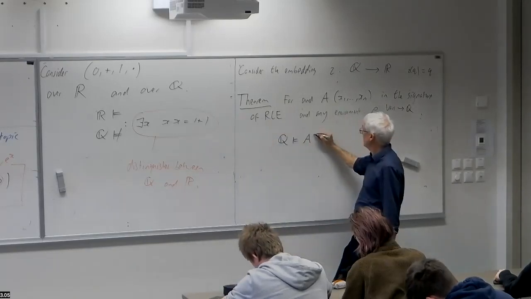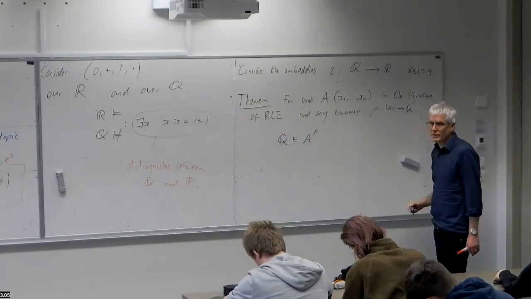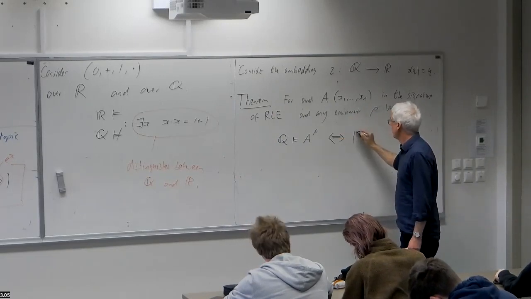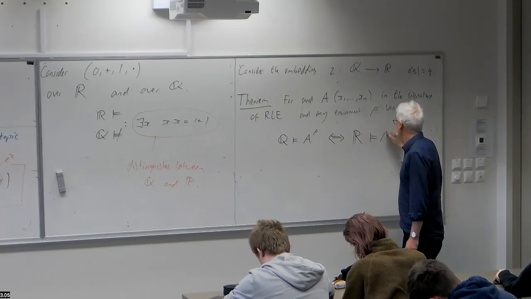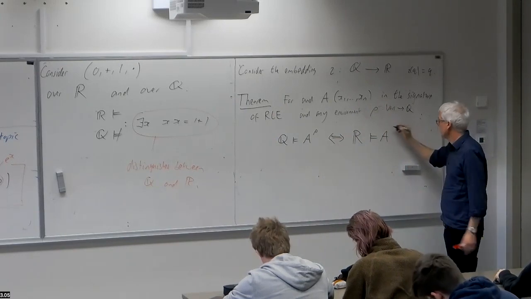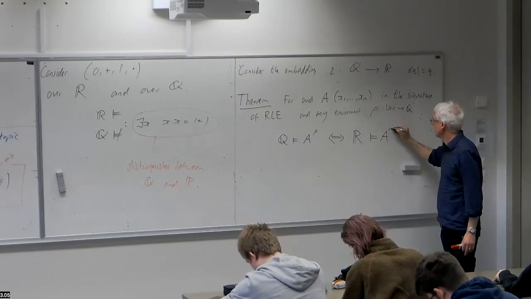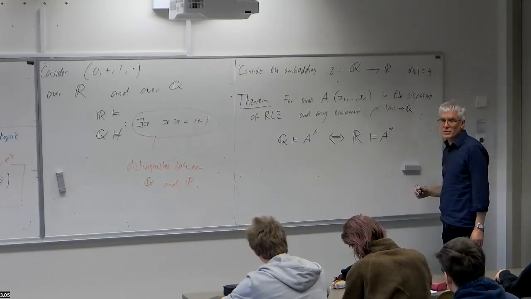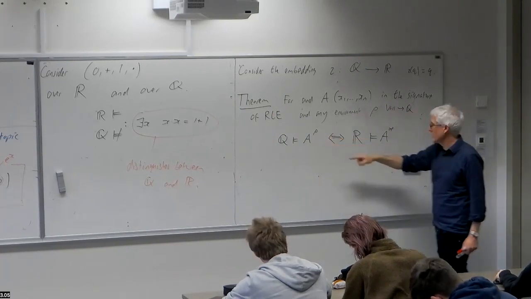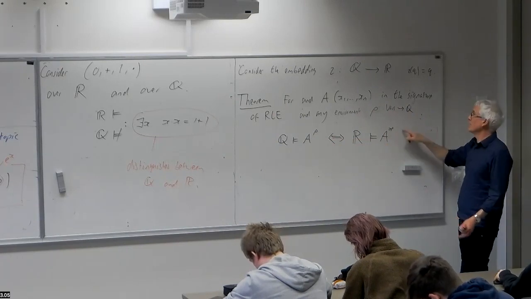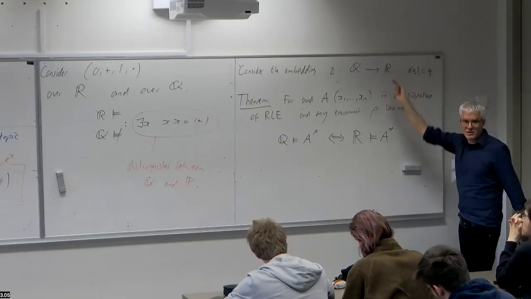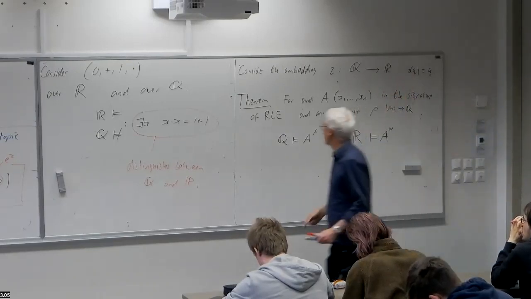The formula A is true under the environment rho if and only if in the real numbers A is also true. Again, under the environment rho, but a more formal way of writing it would be under the environment that we get by composing iota with rho, because here the environment returns rational numbers, and here we want real numbers, and I'm being a little fussy by saying we're doing that using the inclusion function from rational numbers to real numbers.